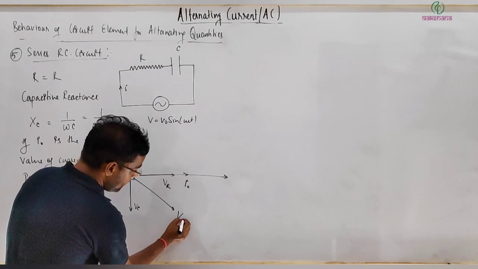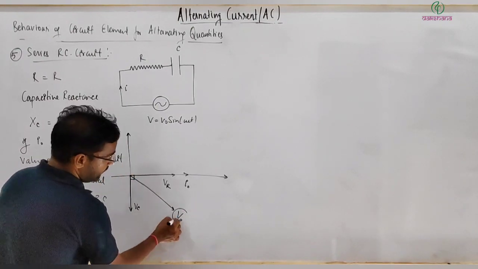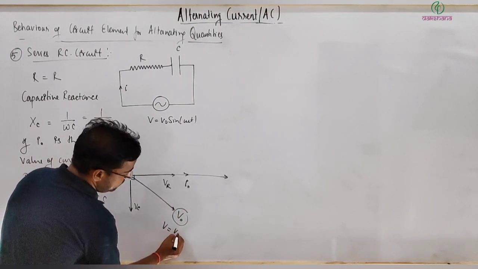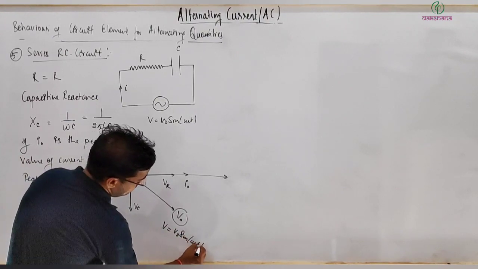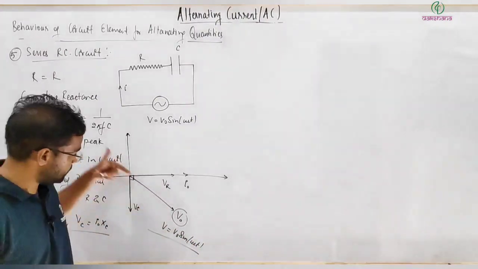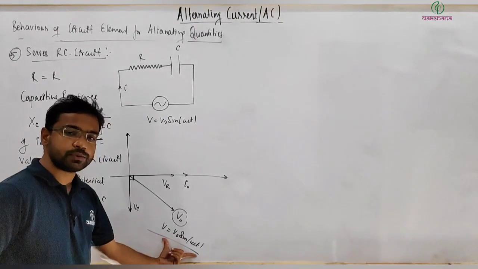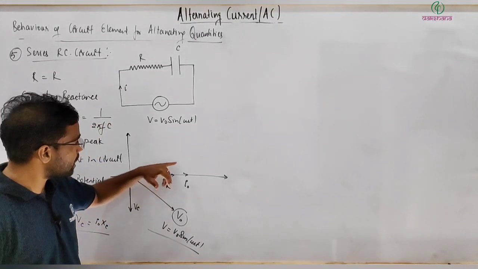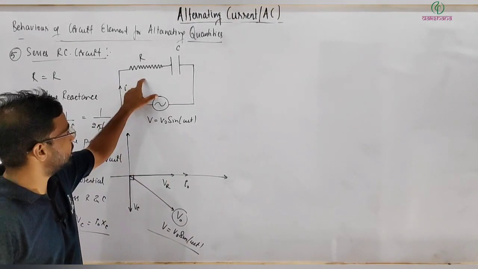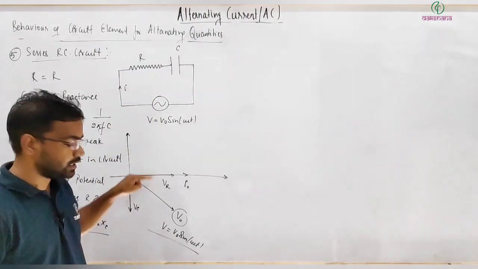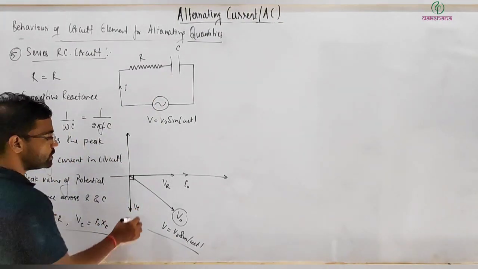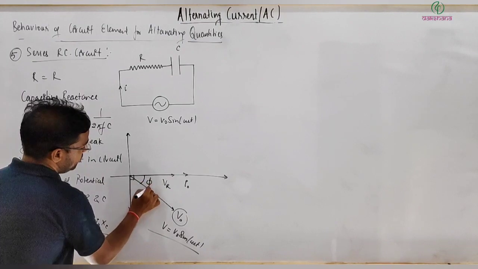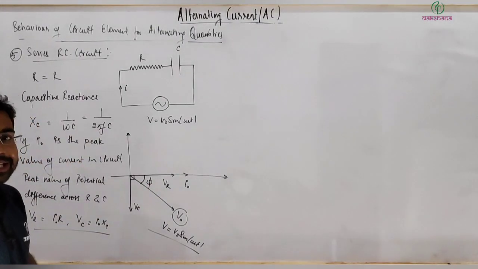Its peak value we can write as V naught, and this V is V naught sine of omega t. So the phase of this potential drop will be this one actually. Now you can see the current in this case will be leading your source EMF by an angle phi, and here I can easily get phi.